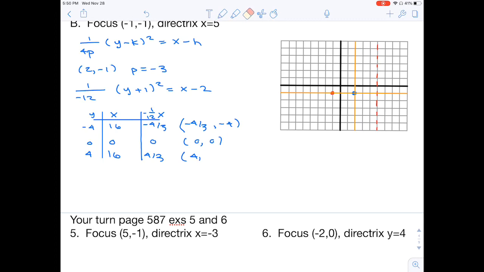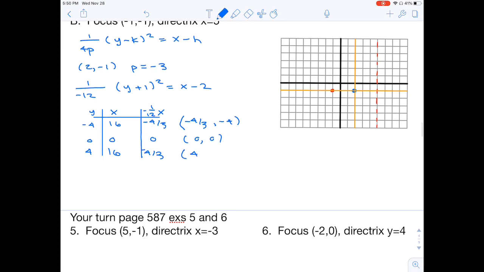Let's see, I'm kind of messing up here. So there's a negative there. So 4/3, 4. So graphing that, let's see. My point 0, 0, again, using the orange graph as my new graph, 0, 0. Then negative 4/3, negative 4.